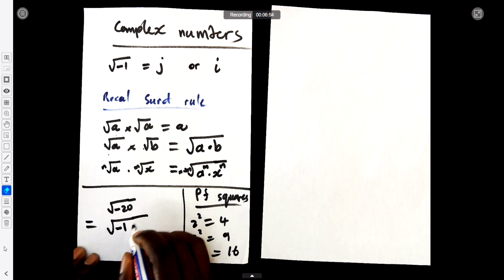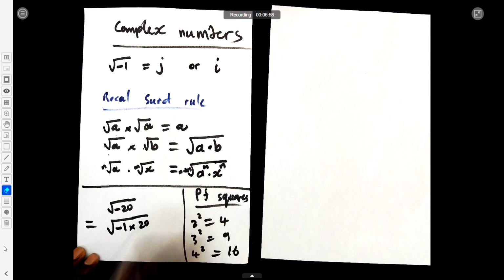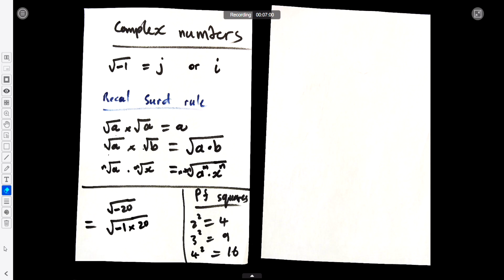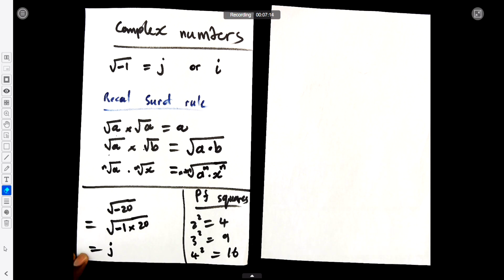Let's start with 20. You want to get rid of the negative 1, so make sure you have negative 1 and the other factor, which is 20. We know that the square root of negative 1 is j, isn't it? Therefore, you'll have the square root of 20. I hope it's clear.